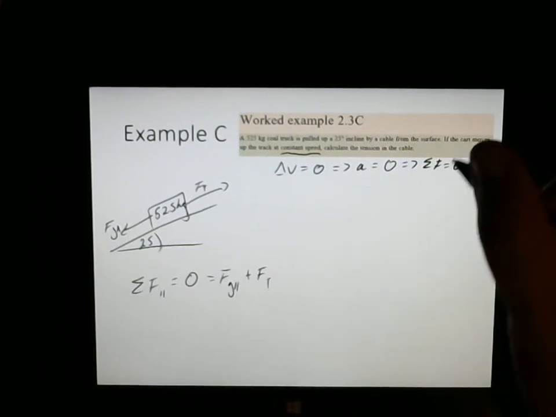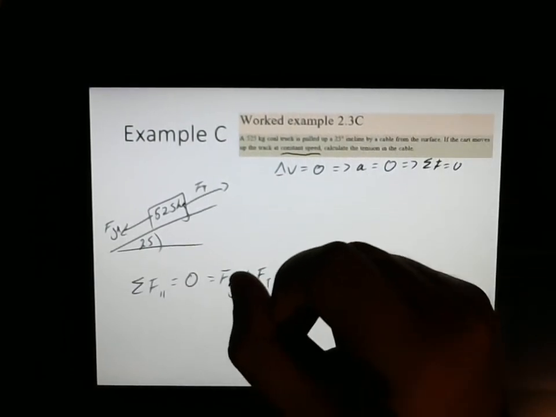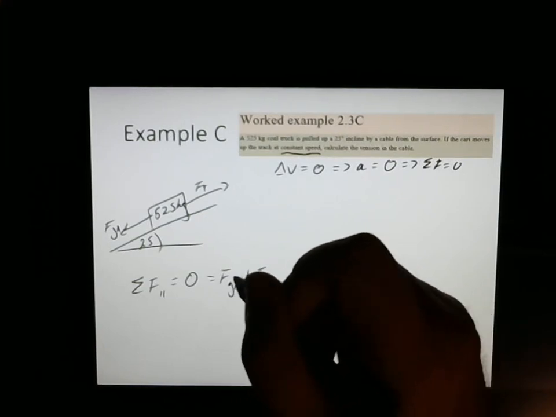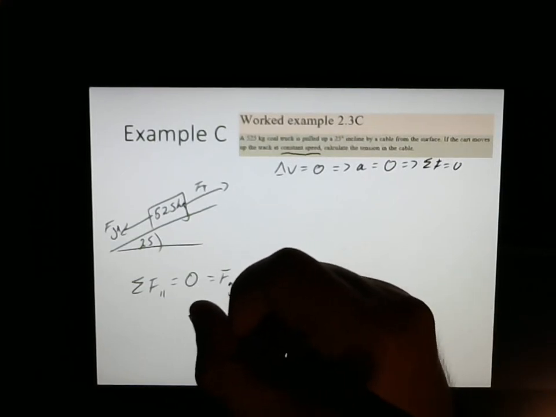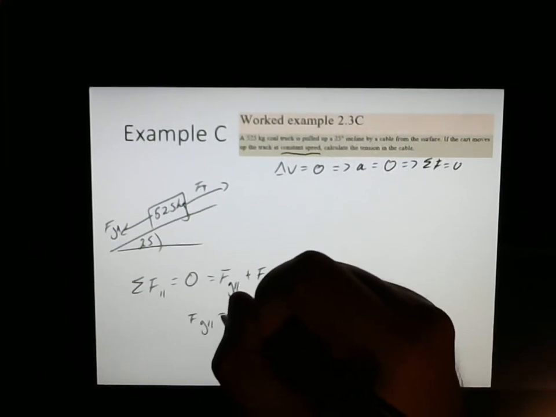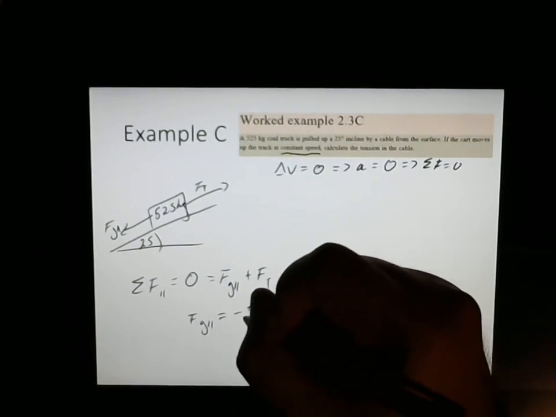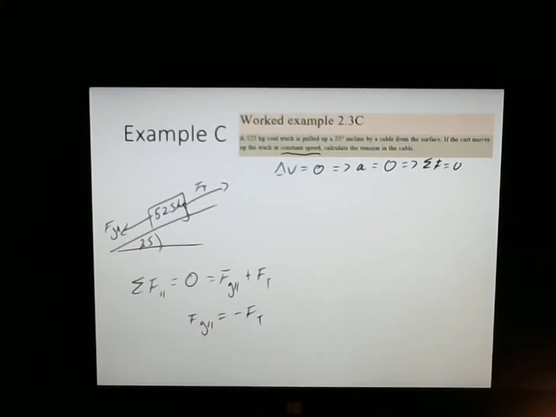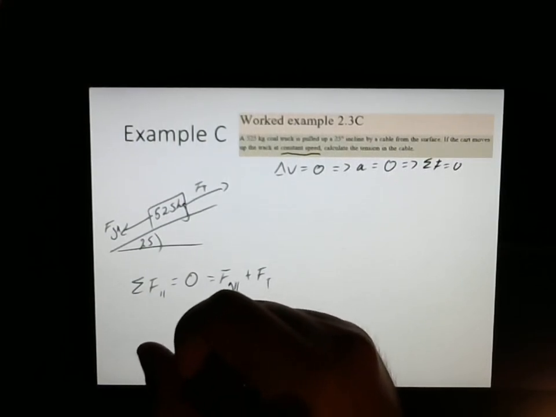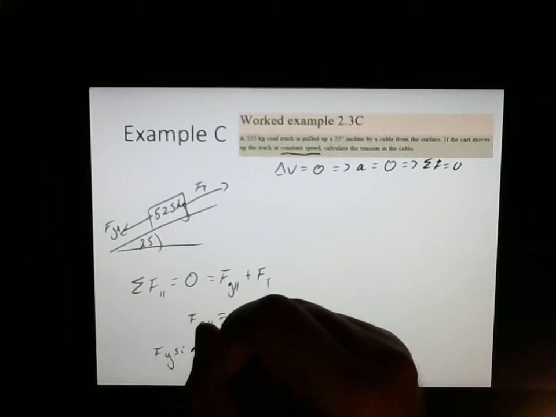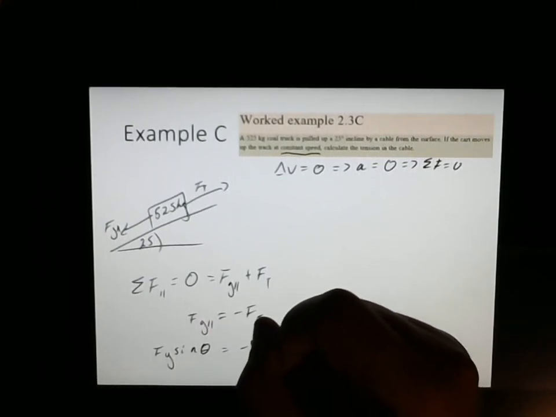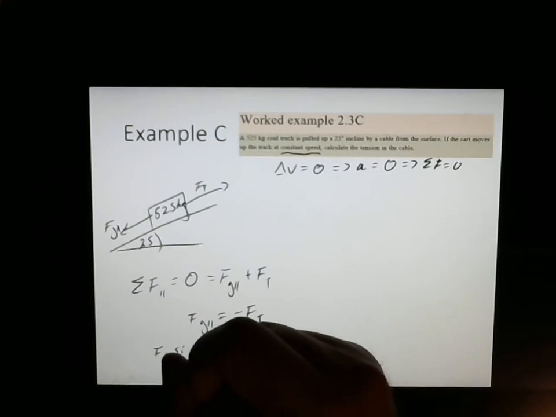To calculate that, we have Fg parallel plus force tension. That means we can work out the tension of the cable. Fg parallel will equal negative Ft. They are opposite, but they'll be the same magnitude because they're balanced. Fg sine theta equals negative Ft.